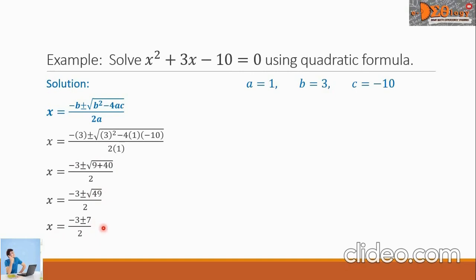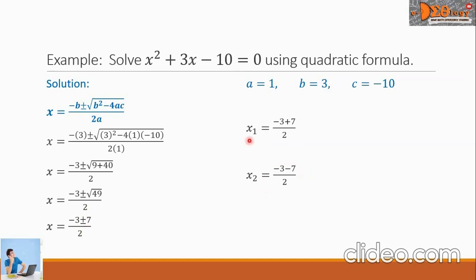The first equation using the positive sign here, and the second equation using the negative sign. So the two values of x are x sub 1 equals negative 3 plus 7 all over 2, and the x sub 2 equals negative 3 minus 7 all over 2.